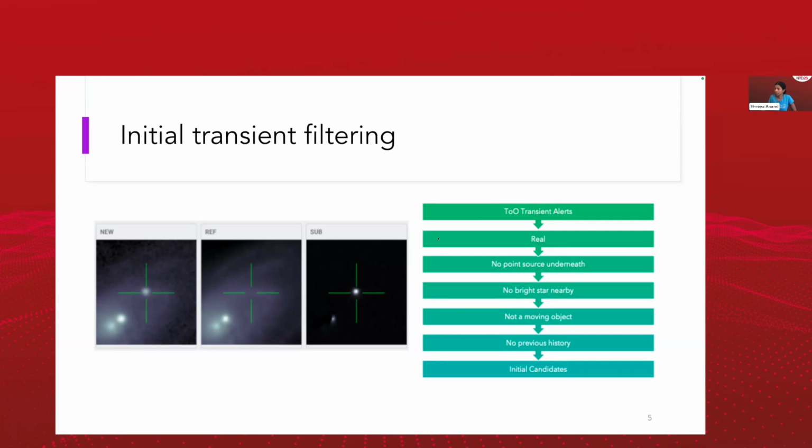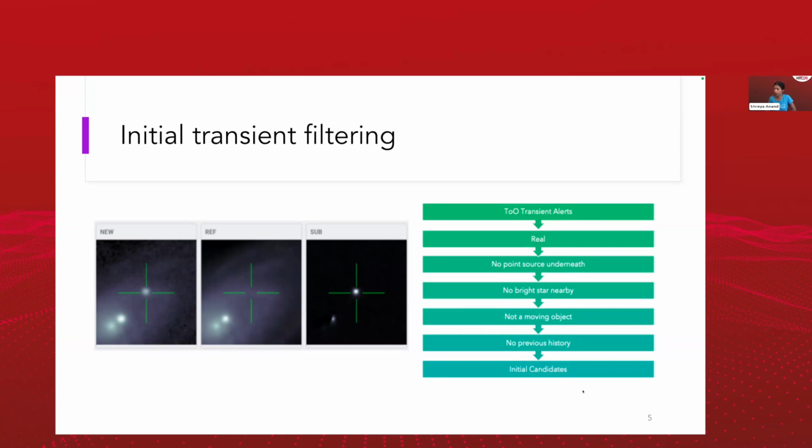So the way this is done is by using machine learning algorithms to determine whether a point source is real or bogus, to determine whether it is a star or a galaxy, check whether there's no point source underneath, no bright star that could be bleeding into the pixels here, and then rejecting things like moving objects.